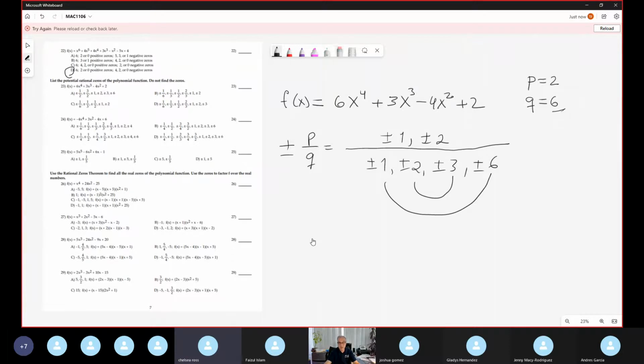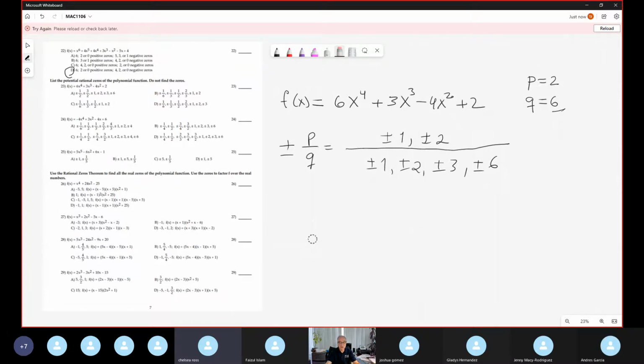You break it down in prime factorization, maybe. Entonces, the factors que form 6 are 6 times 1, ¿no? And 6 is also 2 and 3. So I put every possibility.